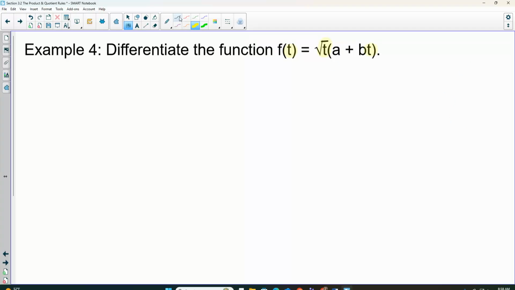So if I were doing the derivative of this, okay, my product rule, derivative of the first, a square root of t is like t to what power? So I have t to the 1/2 times my a plus b to the t.